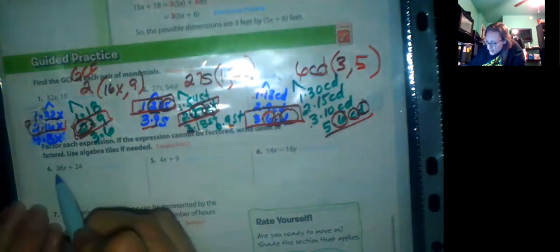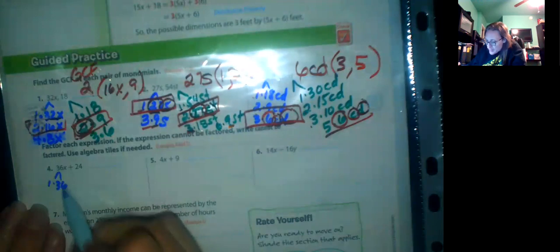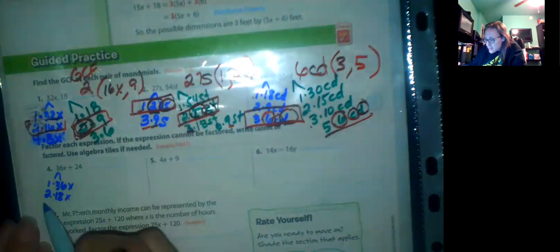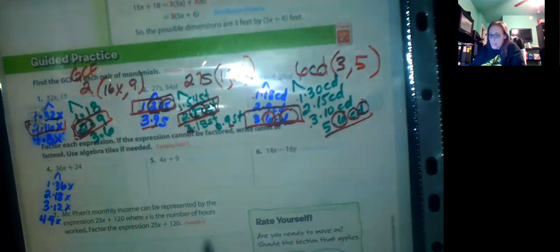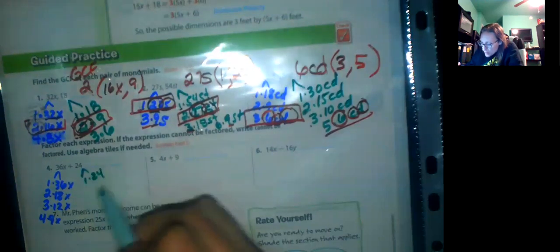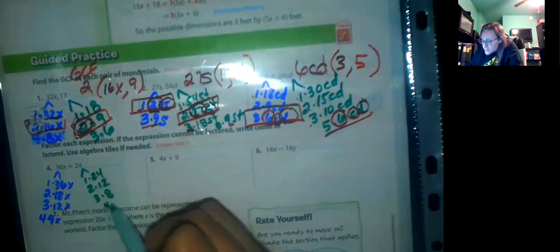Okay, so here, 1 times 36x, 2 times 18x, 3 times 12x, and 4 times 9x. 24. 1 times 24, 2 times 12, 3 times 8, and 4 times 6.